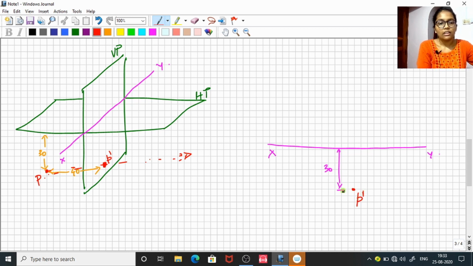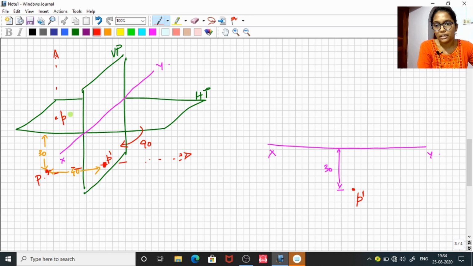Now let us mark the top view. For top view, again you have to rotate the HP 90 degrees so that it gets aligned with VP. So what happens? See, this time let us imagine if the observer is here, then the line of sight will be hitting HP at this point, and this becomes the top view, isn't it?